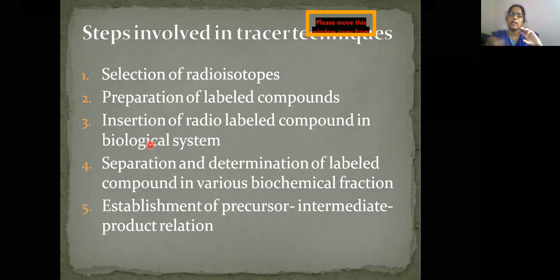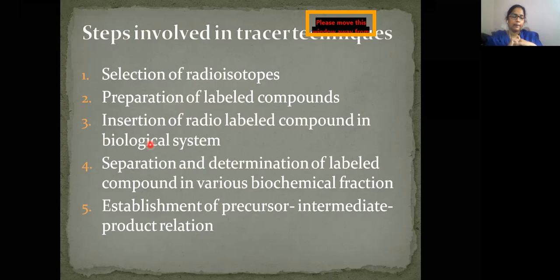Okay, so these compounds will also contain the isotopes. Here we should check for the presence of these isotopes in the products and intermediates formed. So go for biochemical fractionation, and then take the intermediates as well as the product and go for the determination of labeled compound.